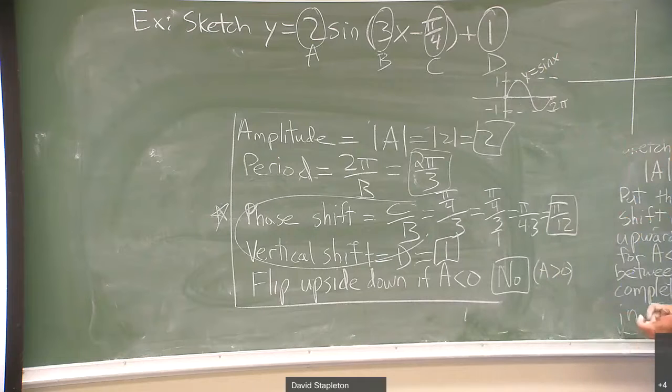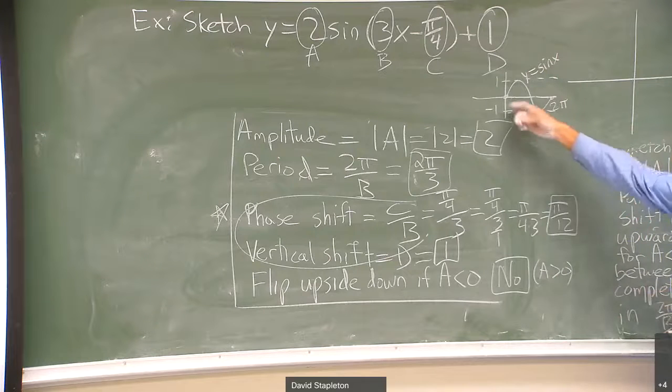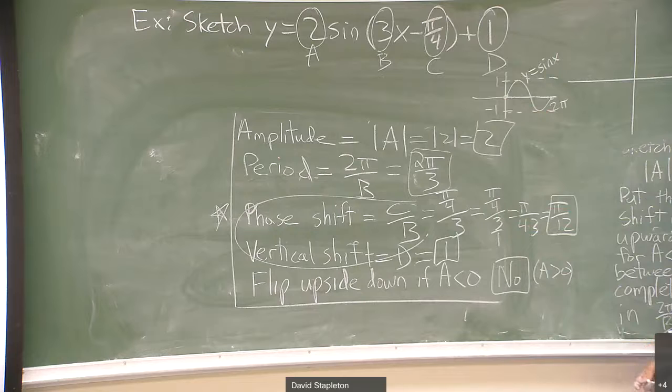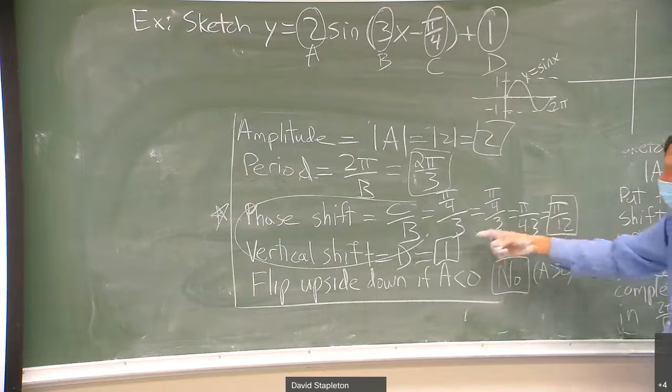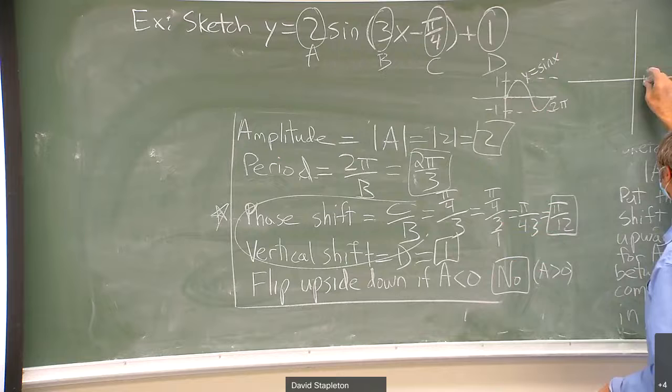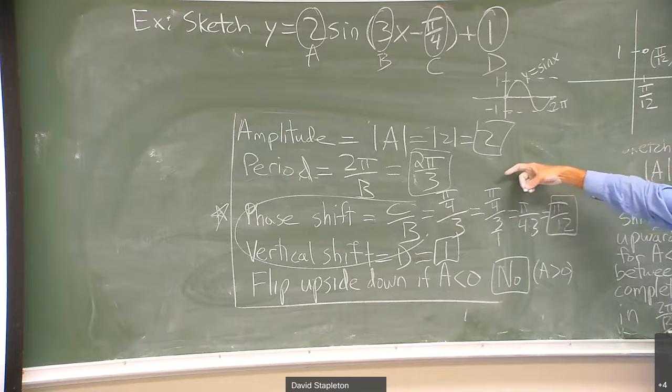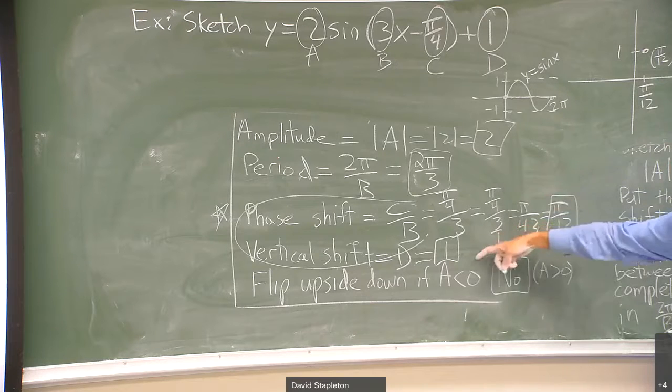And where it started through the origin, I'm now going to put it at the shift point, which is the phase shift pi over 12 and the vertical shift 1. So I'm going to find pi over 12, that's about a quarter, and 1, and put it right here. Pi over 12, 1 is c over b, d.